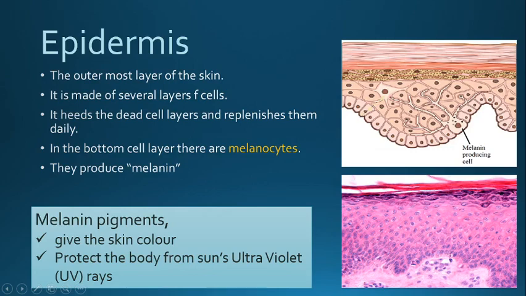In this lower diagram, you can observe the epidermis under a microscope. These pink cell layers are the dead cells, and these purple ones are the viable cell layers, and this is the basal cell layer. There are the melanocytes.